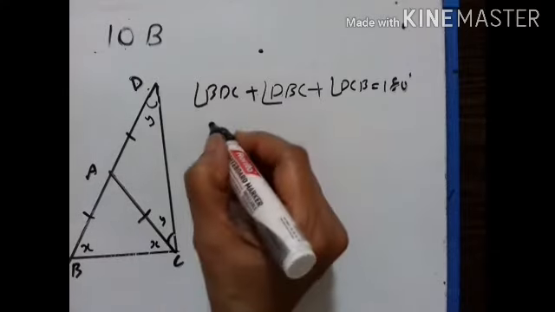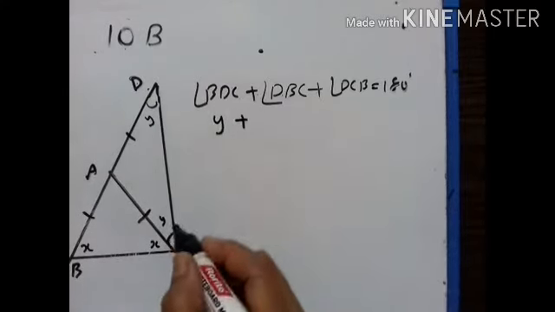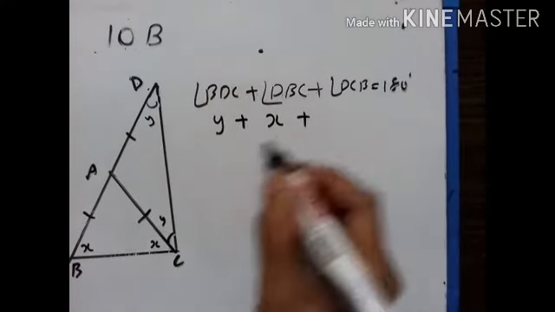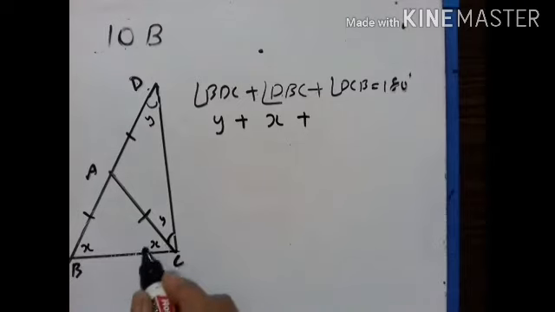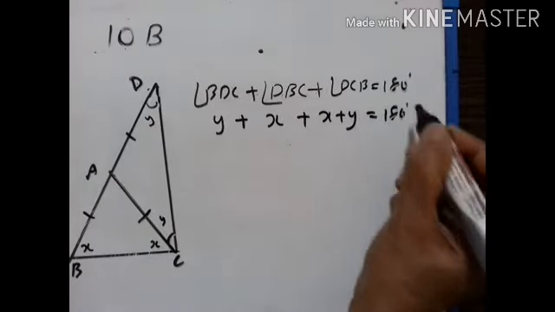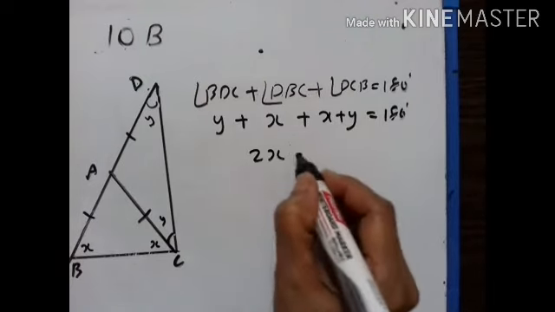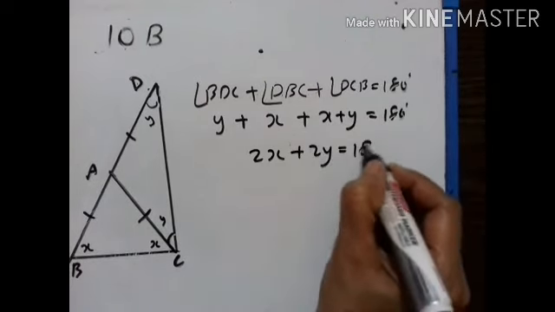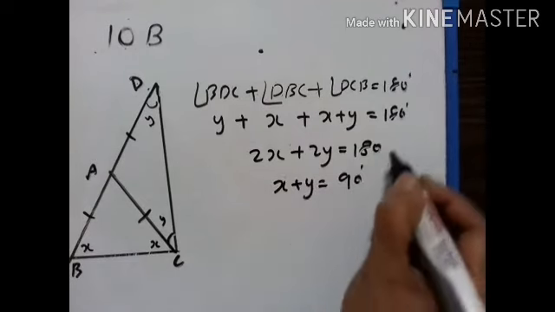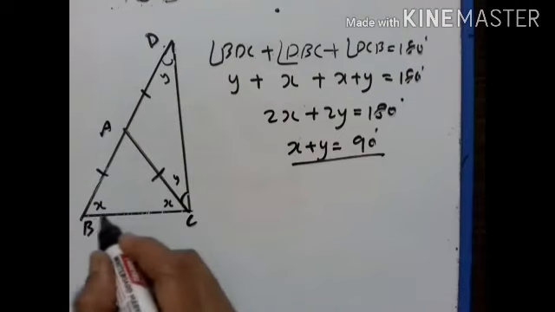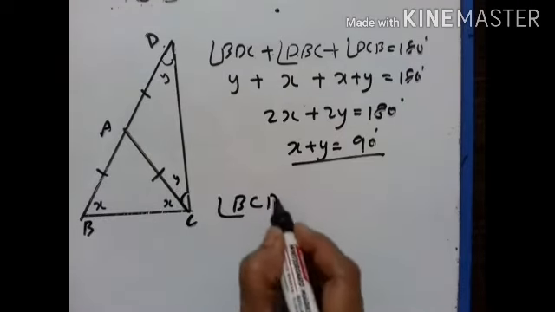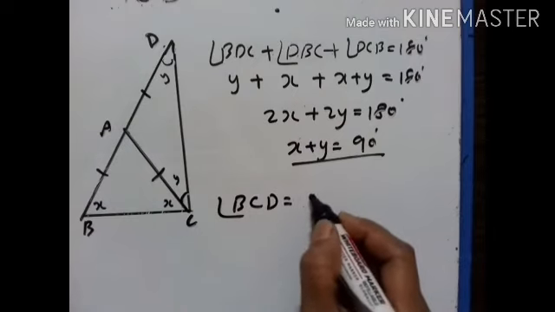Angle BDC is equal to Y. Angle DBC is equal to X. Angle DCB is equal to X plus Y. So Y plus X plus X plus Y is equal to 180. Now 2X plus 2Y is equal to 180, or X plus Y is equal to 90 degree. Angle BCD is equal to X plus Y. Therefore, angle BCD is equal to 90 degree.